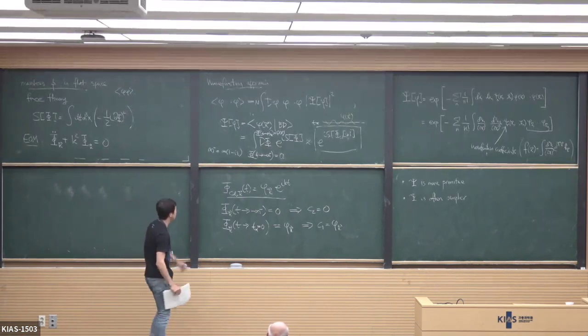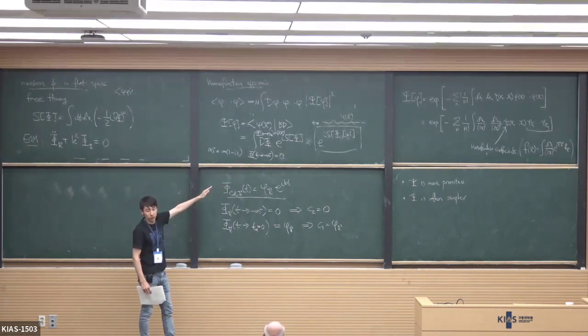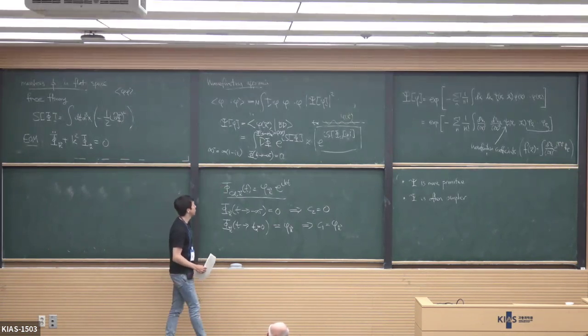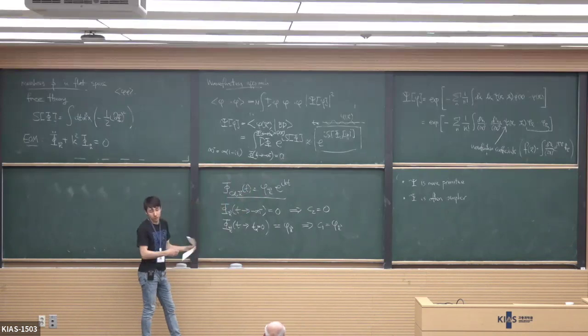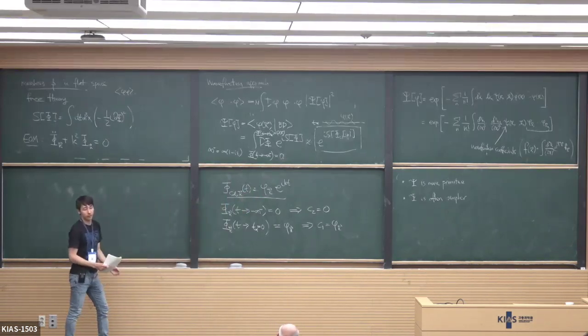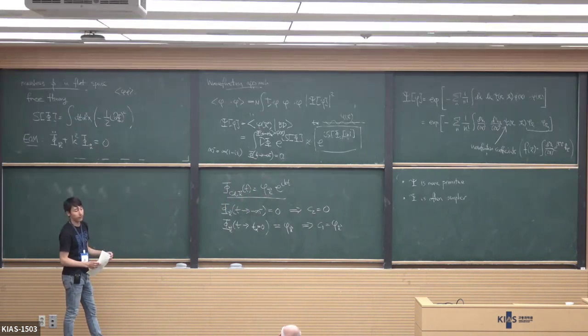Yeah, so this you can also interpret as the no boundary Hartle-Hawking boundary condition. If you rotate to the complex time direction, imaginary time direction, then basically it's equivalent to saying that there's no boundary.